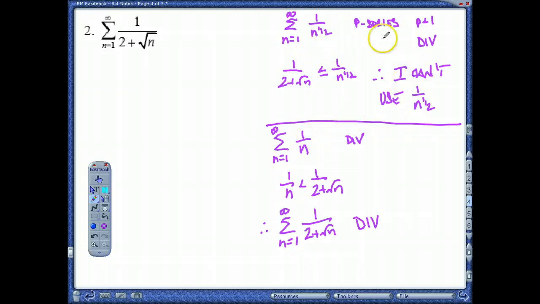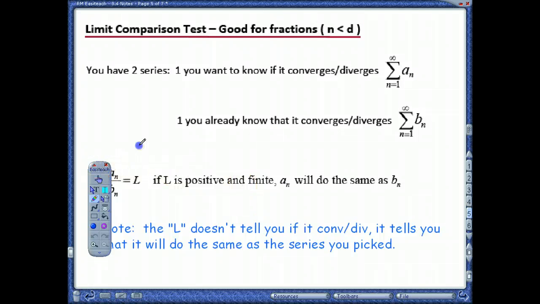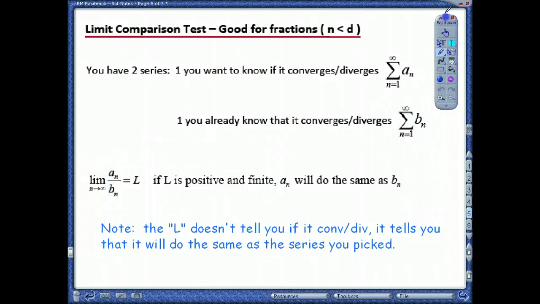So with direct comparison, you're going to come up with a series to compare. If that series diverges, it better be smaller than the series you're looking at. If it converges, it better be bigger than the series in question. So that's why direct comparison can be a little bit hard. Now the limit comparison is a little bit easier.